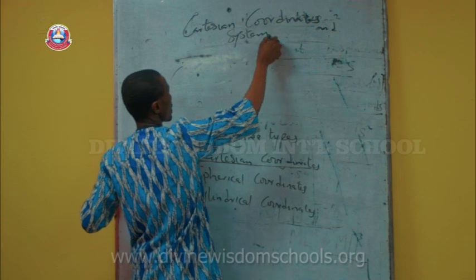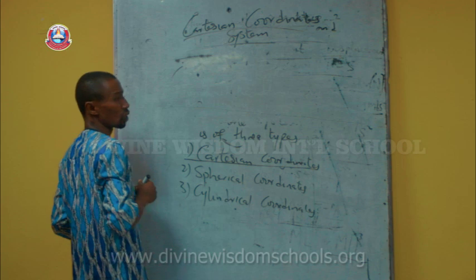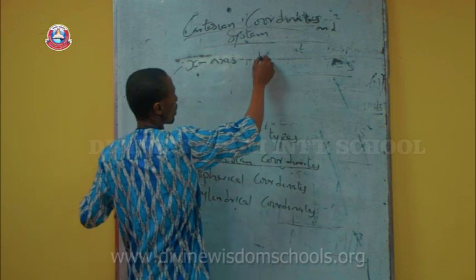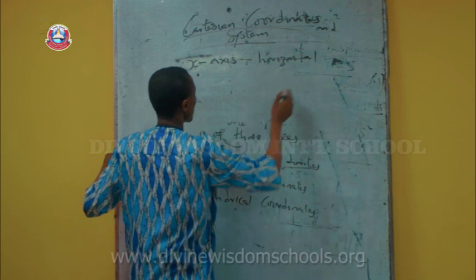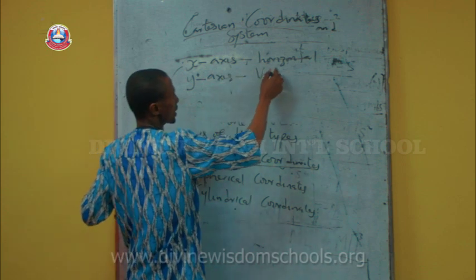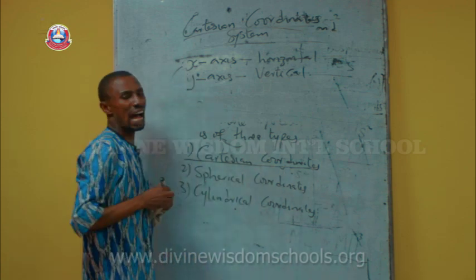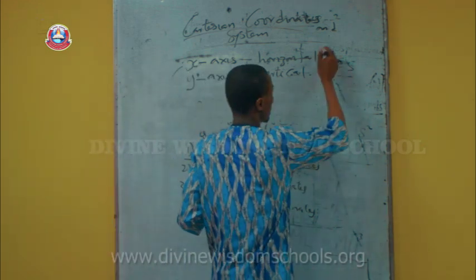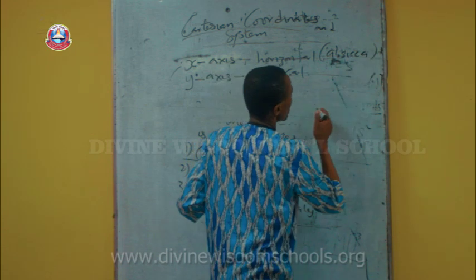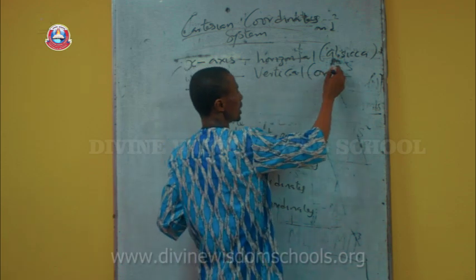For the two axes, we have the x-axis, which is the horizontal, while the other one is called the y-axis, which is called the vertical. Now, the x-axis is also called the abscissa in mathematics, while the vertical axis, the y-axis, is called the ordinate.